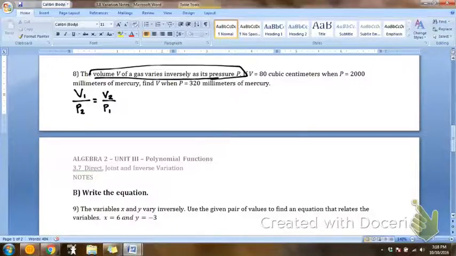Then I'll go through my problem and label what they gave. So if volume is 80, that's my first volume, when pressure is 2,000, that's my first pressure. Find volume, so that's my second volume, when pressure is 320. Now you just have to be really careful when you plug things in. See if you can plug it into the proportion carefully.